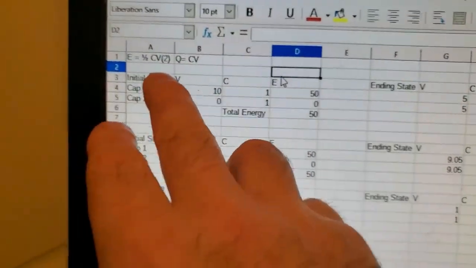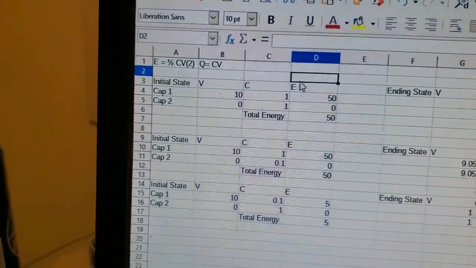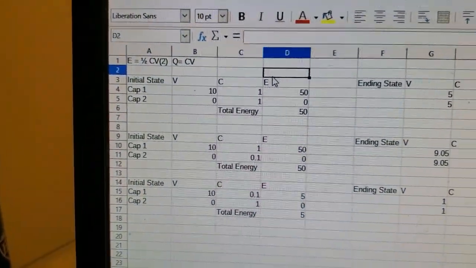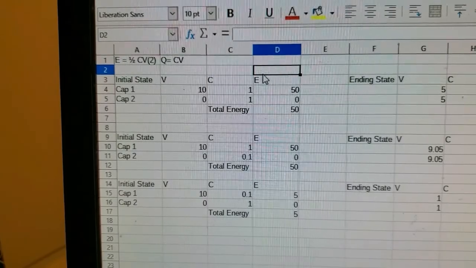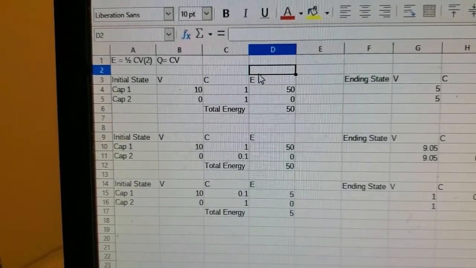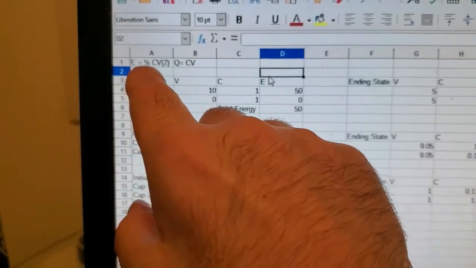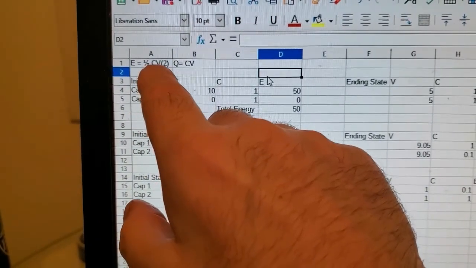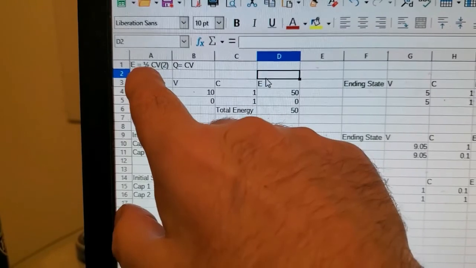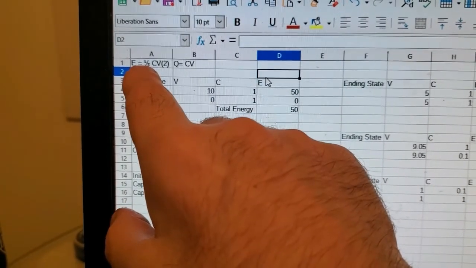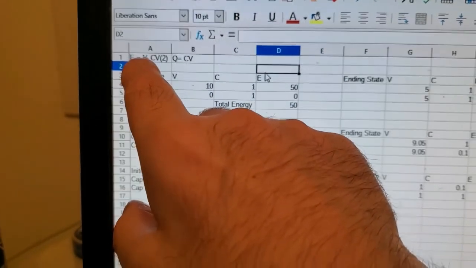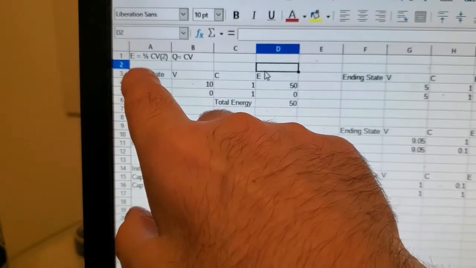So going back to our spreadsheet, now you see the problem in all its glory. The charge in a capacitor is defined as capacitance times voltage. The energy in a capacitor is defined as 1/2 capacitance times voltage squared. There is an immutable law that energy can be neither created nor destroyed.